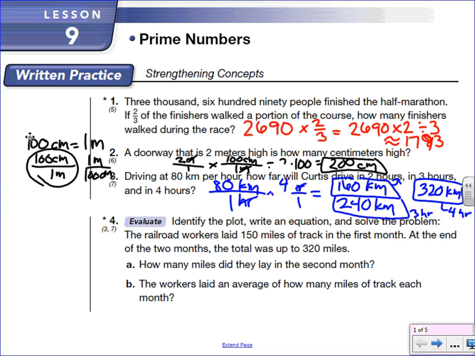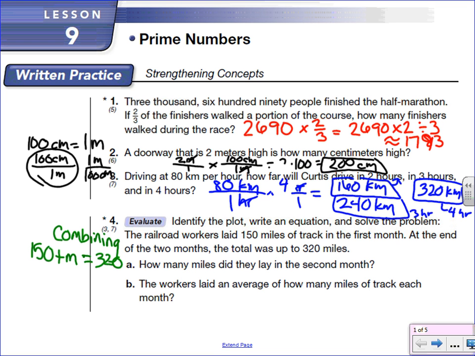So this is a combining plot. So the equation would look like sum, which is the 150 from the first month, plus more, whatever they laid in the second month, equals the total of 320 miles.